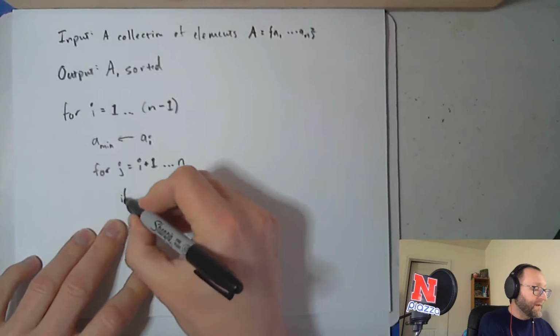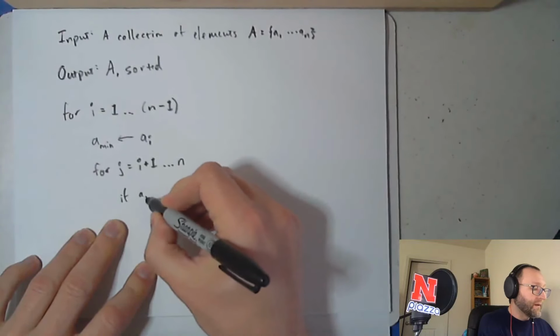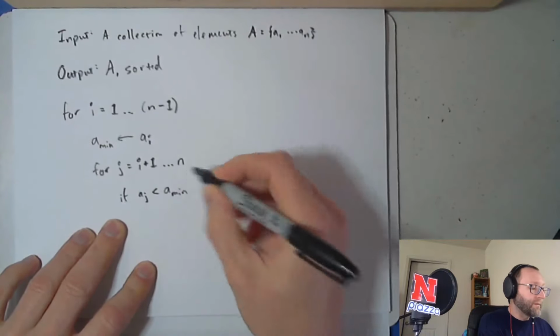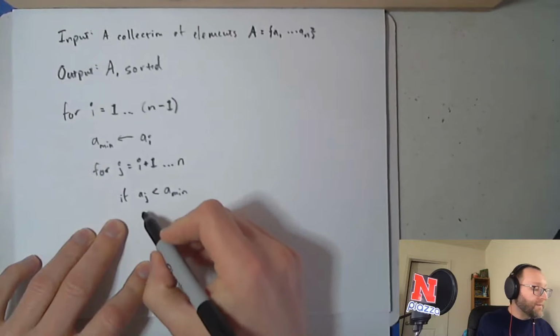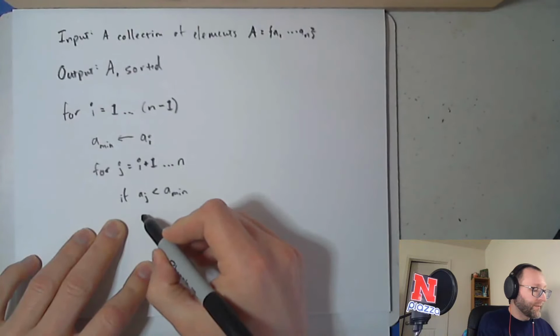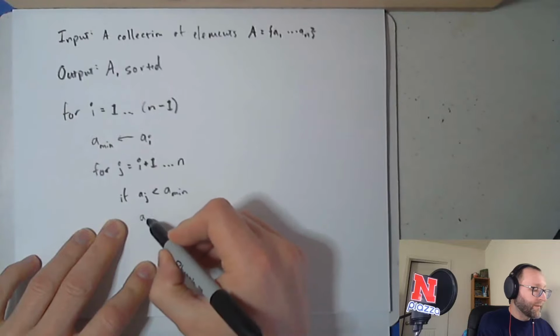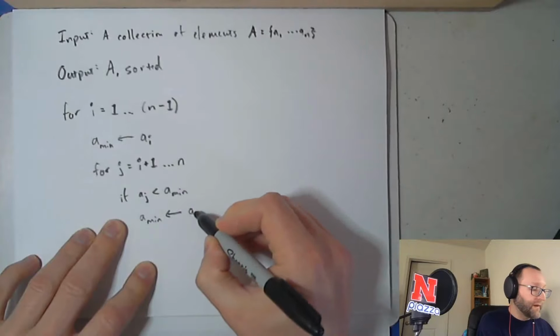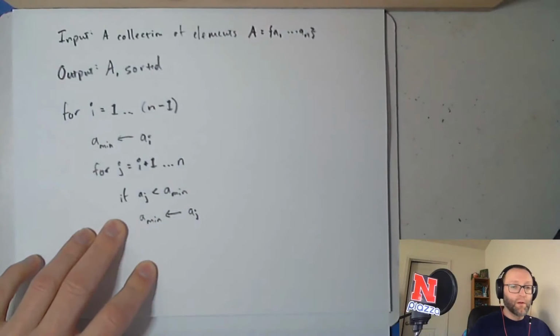Now, if the jth element is less than the minimum I've found so far, then I'll go ahead and update my minimum element to a sub j. Okay.